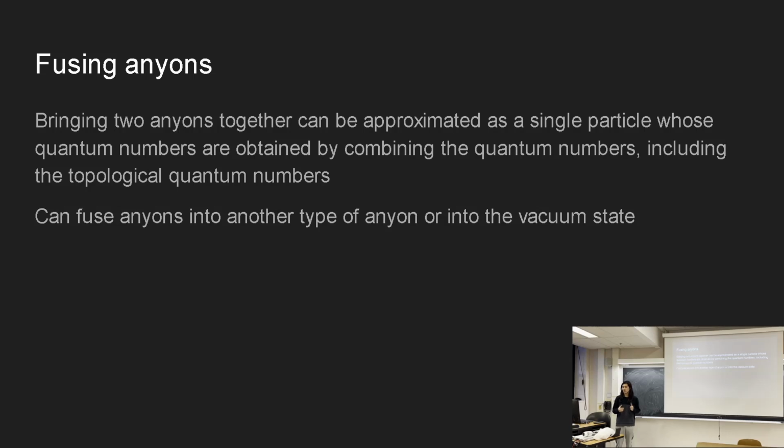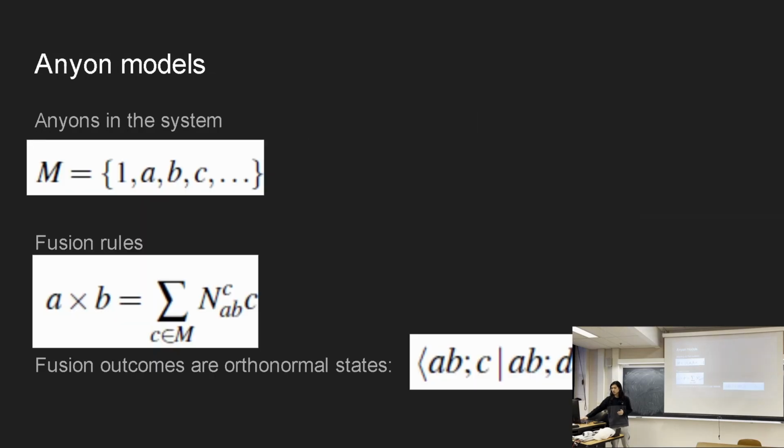You can fuse anyons into another type of anyon or into the vacuum state, which is like if you have anyons with opposite topological quantum numbers and bring them close together, it's like there's no particle at all, so we call it the vacuum state. Or it could be another type of anyon. These are the three main things that we need for our anyon model.